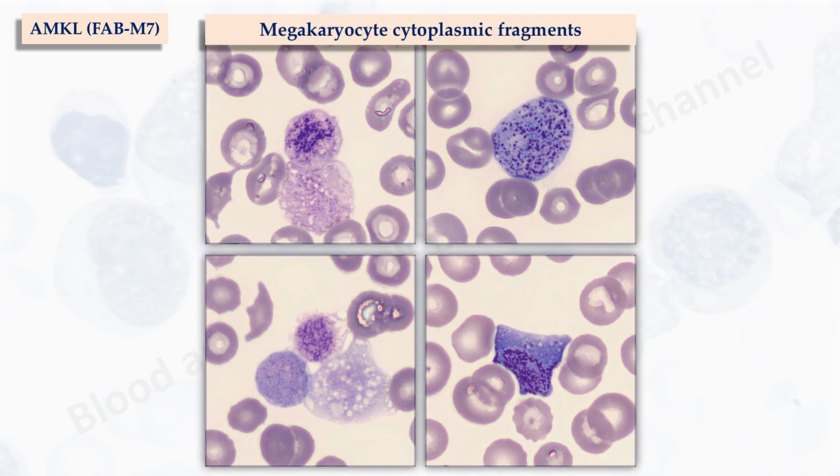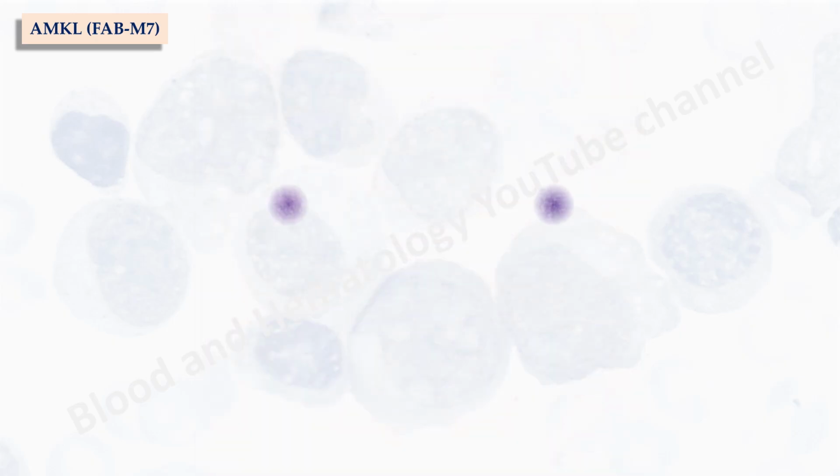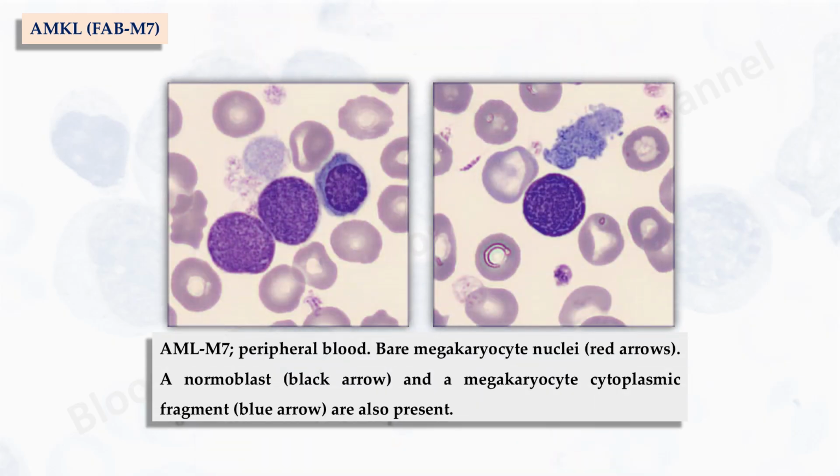Megakaryocyte cytoplasmic fragments in peripheral blood of a patient with AML-M7. Peripheral blood films of a patient with AML-M7, showing bare megakaryocyte nuclei. A normoblast and a megakaryocyte cytoplasmic fragment are also present.